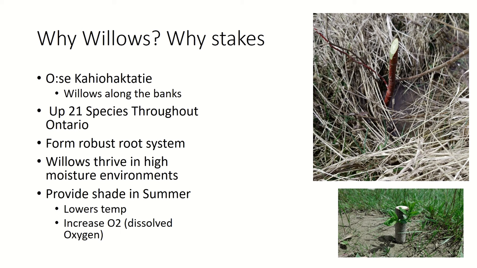And that's helping to inform our restoration practice, the cultural usage of this term for the river. So we know that willows were historically present on the shorelines in the riparian zone.